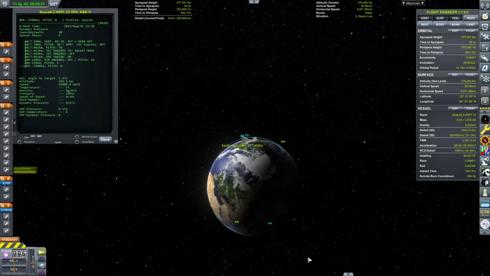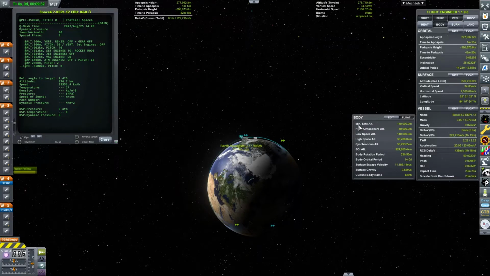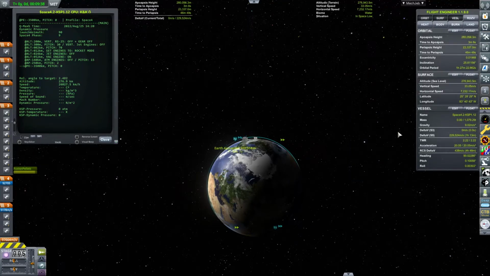Of course, we are only in a secure orbital flight when, in this case on Earth, we are in an orbit bigger than 140 kilometers. So when we are out of the atmosphere, and that is happening now.